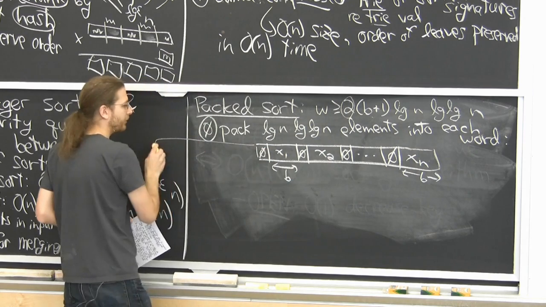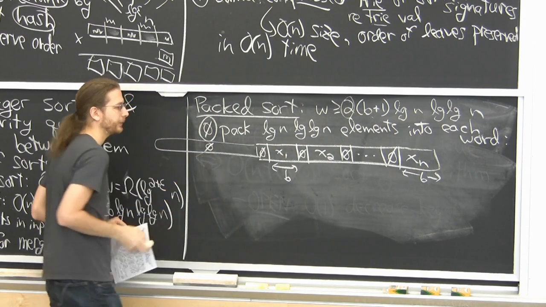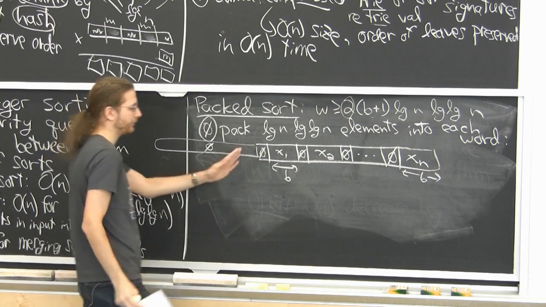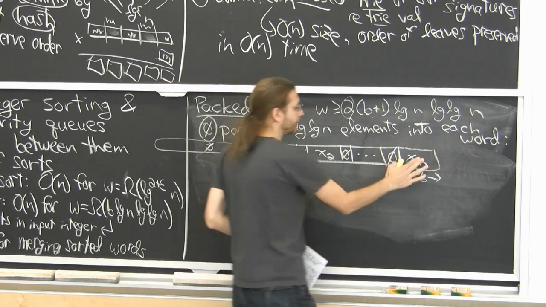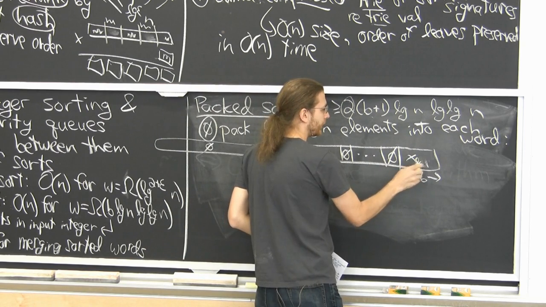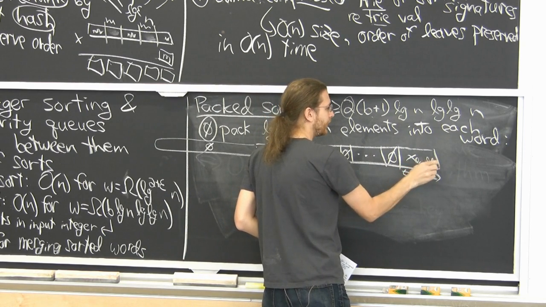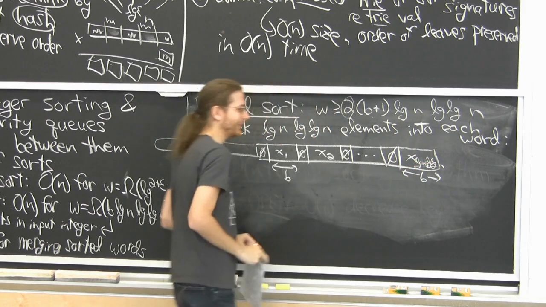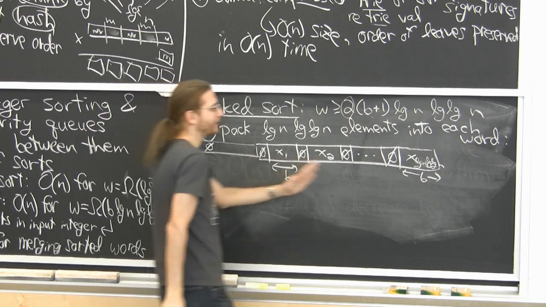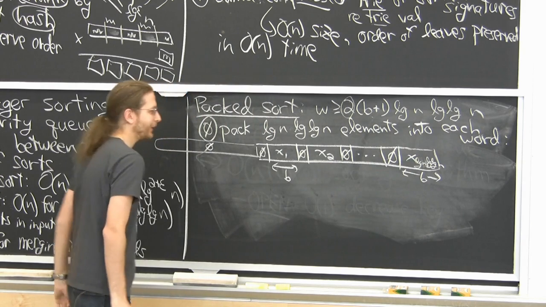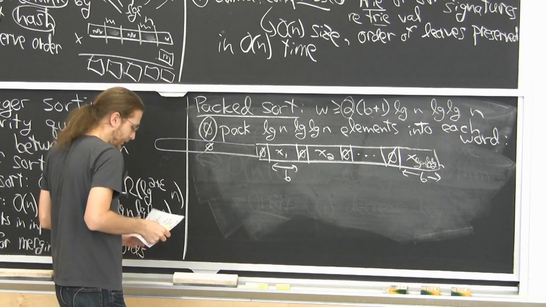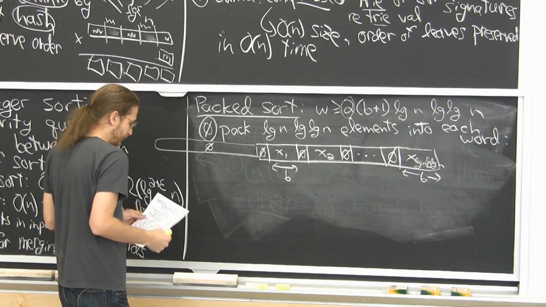So there's another half over here, which is going to be all 0 for now. So one word contains, or sorry, this is not n items. This is going to be log n log log n. Can't fit them all in one word. That would make life really easy. But you can fit log n log log n items in the first word, then the next word is the next batch of items, and so on. Okay, linear time to do that.